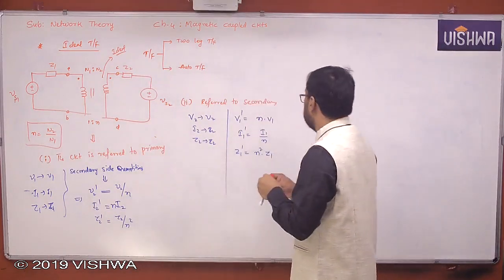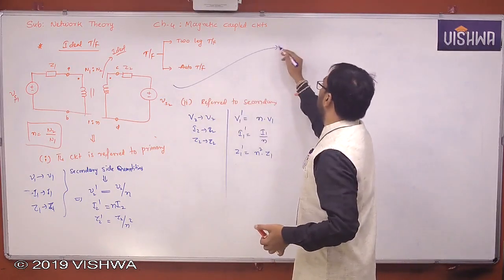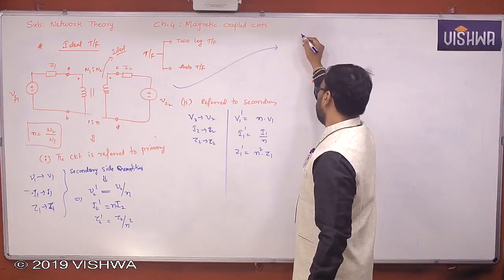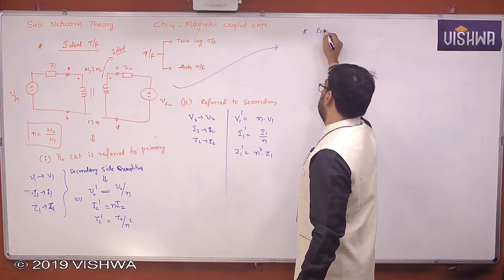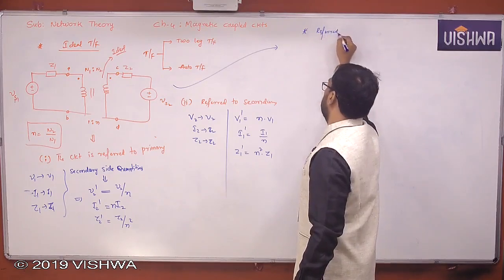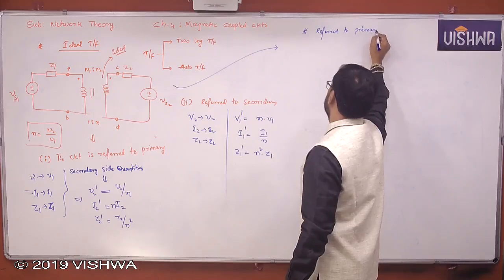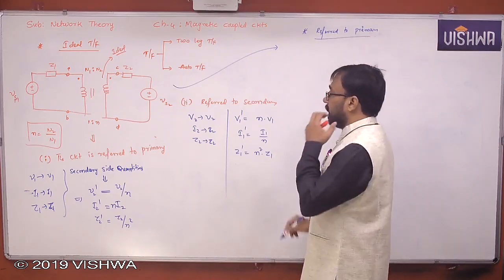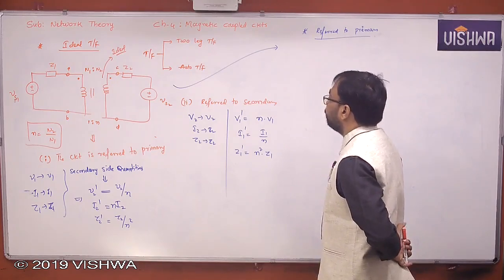So what is the circuit I'll get here? When this is converted to the primary, referred to primary, what will I get here? Tell me.